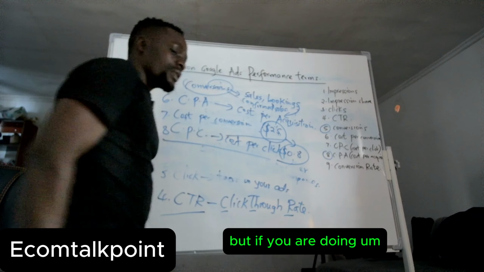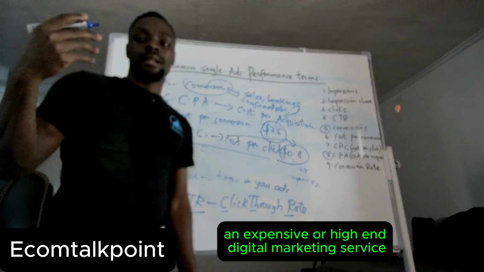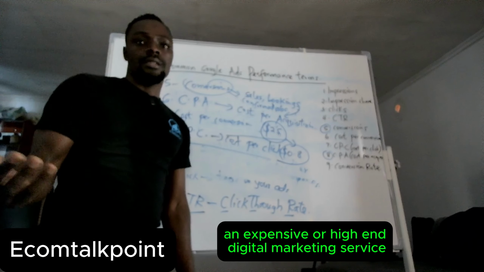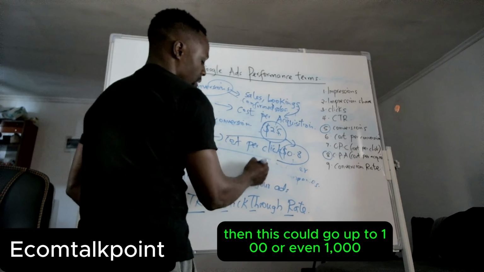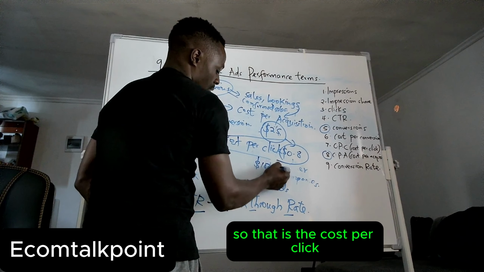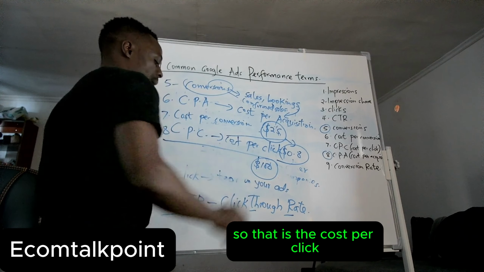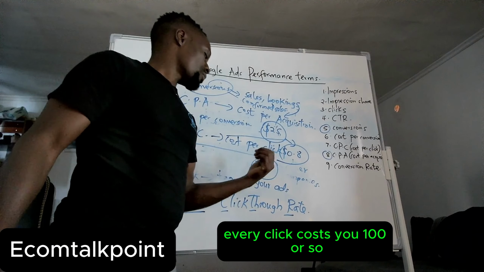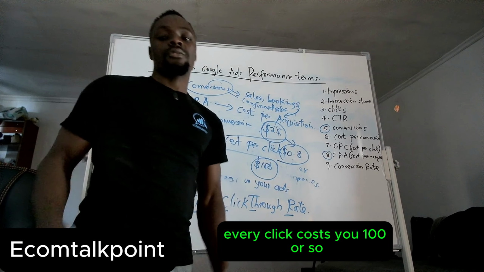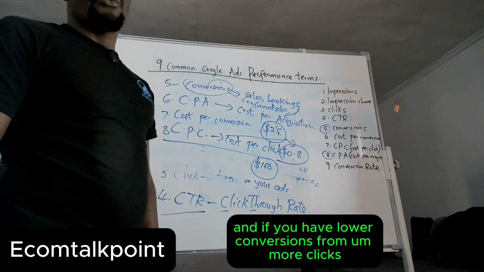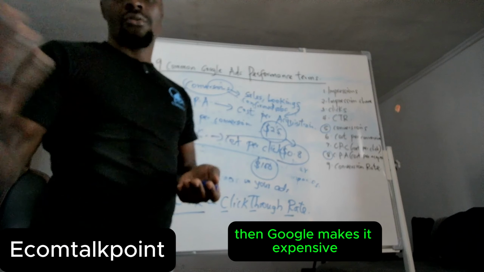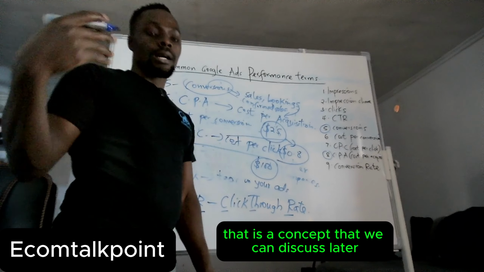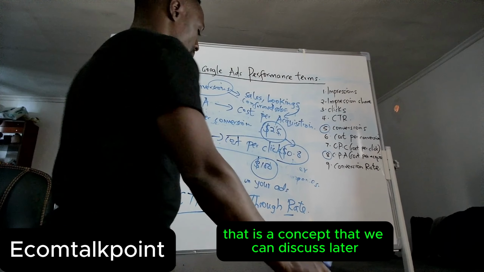But if you are doing an expensive or high-end digital marketing service, then this could go up to 100 or even 1,000. So that is the cost per click. Every click costs you 100 or so. And if you have lower conversions from more clicks, then Google makes it expensive. That is a concept that we can discuss later.